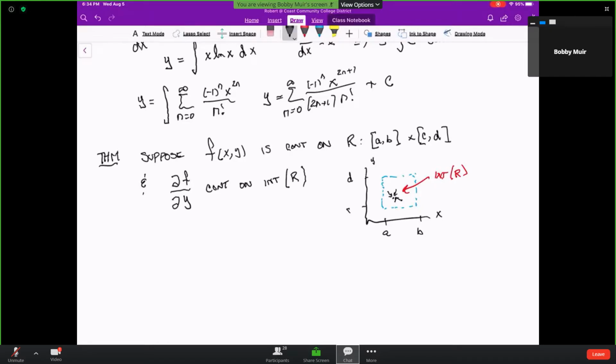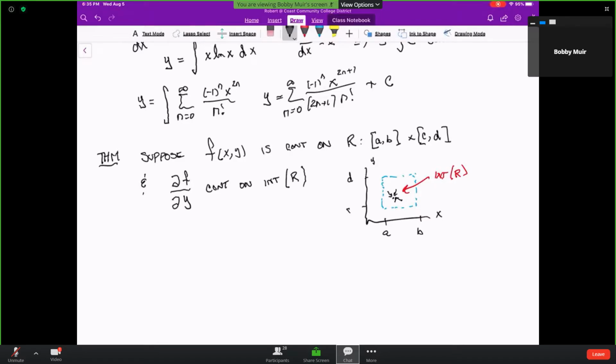For you guys that are going into 280, that's what you're going to be learning in the fall. And then we're supposing that the partial derivative of f with respect to y is continuous on this open set, which is the interior of R.